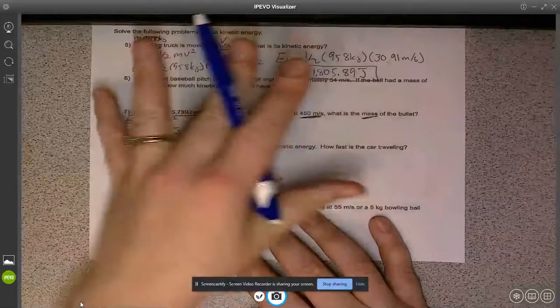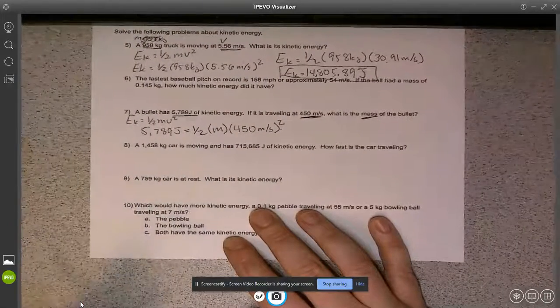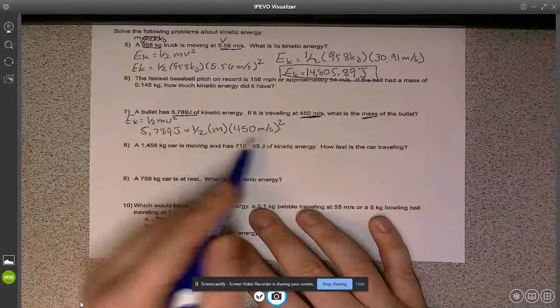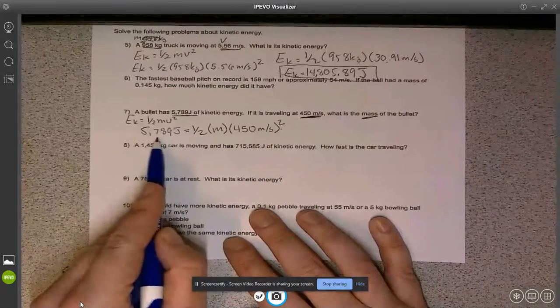So there's a little more algebra that needs to happen along here. What we're going to be doing is cleaning this side up first and then moving things over here.